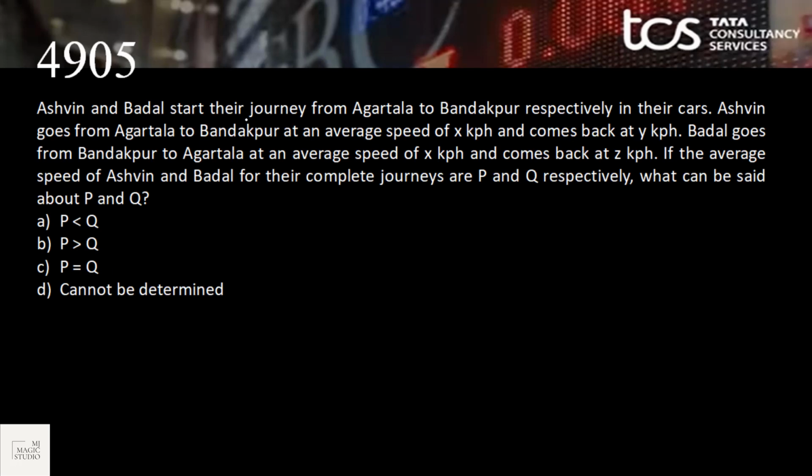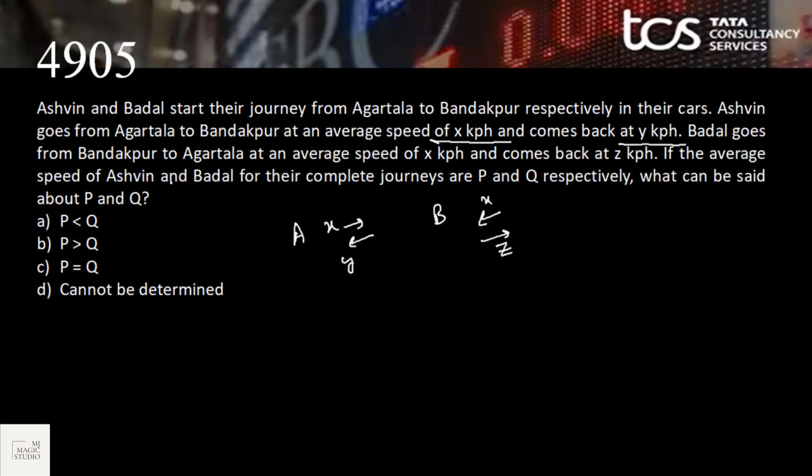Ashwin and Badal start their journey from Agartala to Bandakpur respectively in their cars. Ashwin goes from Agartala to Bandakpur at an average speed of x km per hour and comes back at y km per hour. For Ashwin it is x, and the coming back speed is y. Badal goes from Bandakpur to Agartala at an average speed of x and comes back at z km per hour. For Badal it is x and coming back is z.